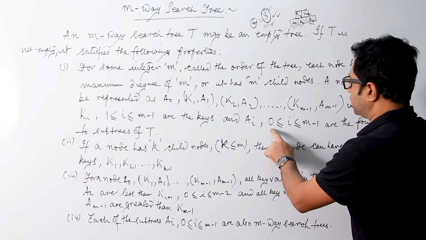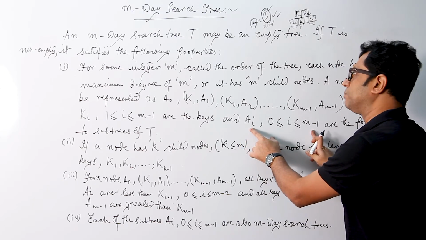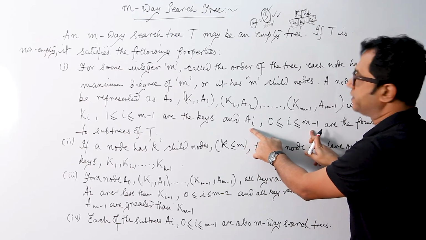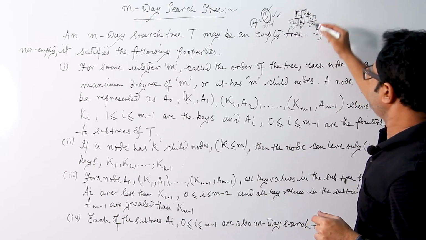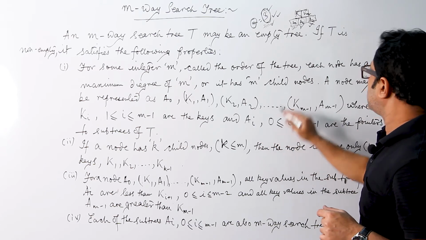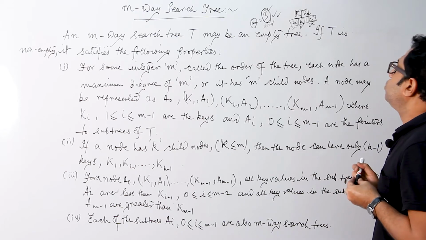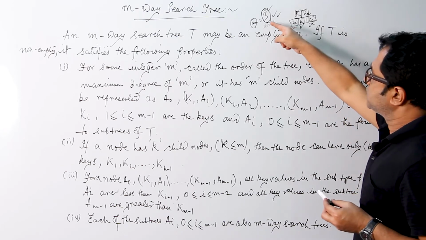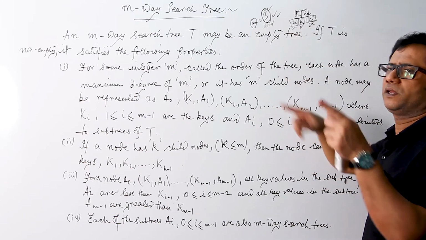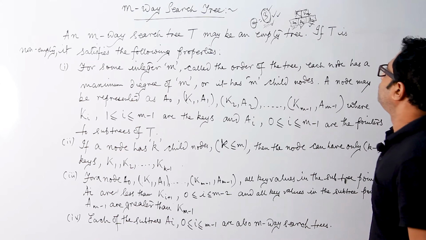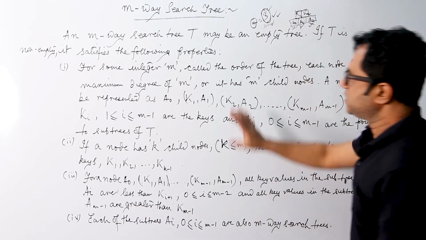That is, Ai starts from A0 and goes to Am minus 1 at most. So in the case of m equal to 3, there can be a maximum of 3 pointers leading to the 3 child nodes of this particular node, which I have drawn over here. So this is part 1.